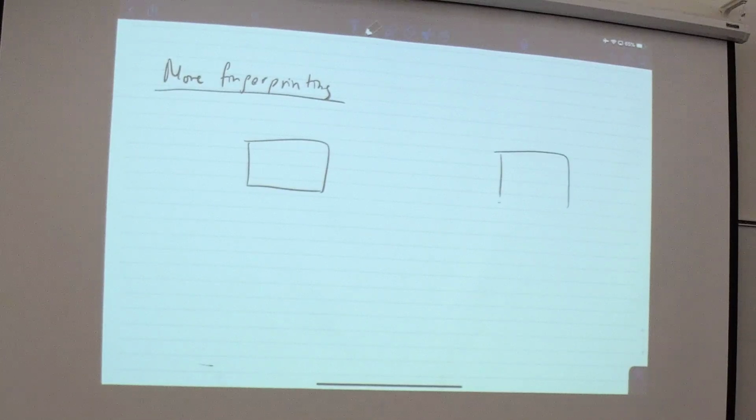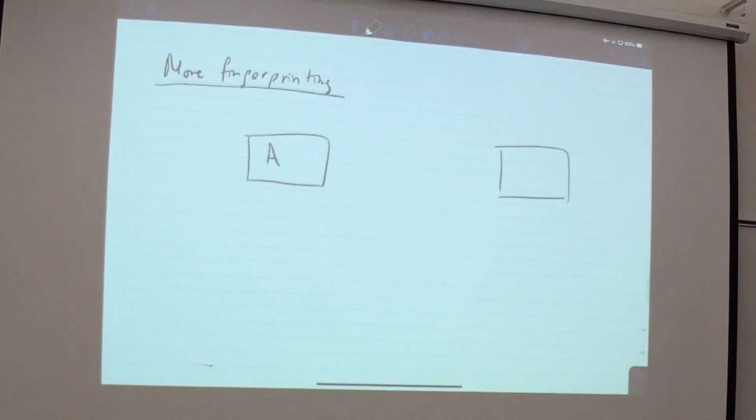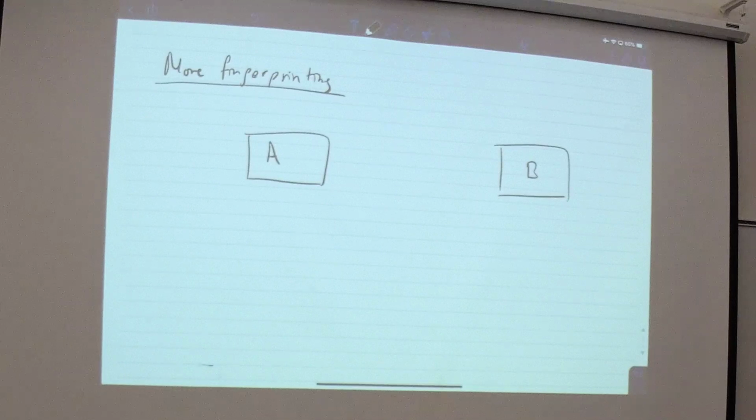So I'm going to do some more fingerprinting. This is a very interesting puzzle that comes up a lot in big data sets. So imagine that you have, as always, if you've ever done anything with cryptography or security, Alice and Bob. And Alice has a string, we'll call it A, which is an n-bit string.